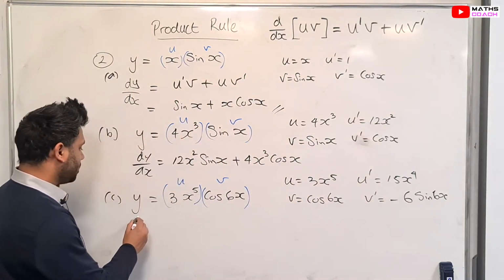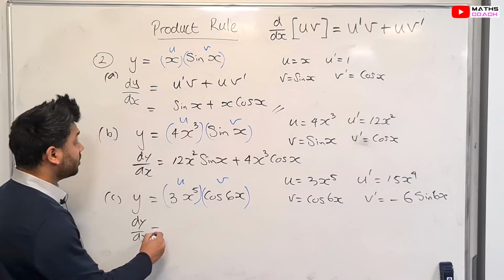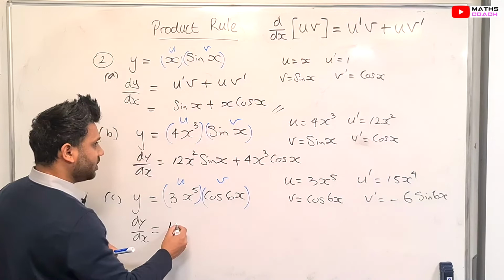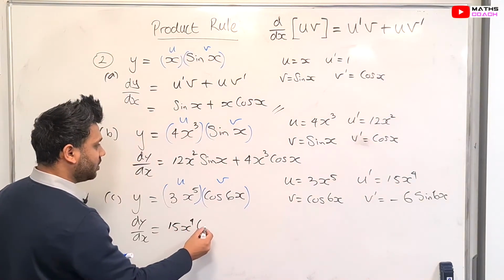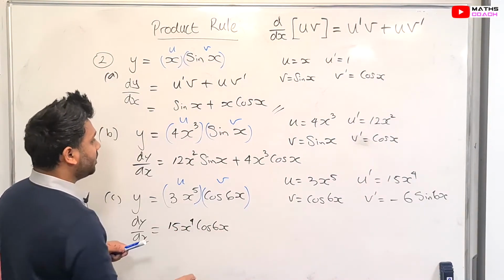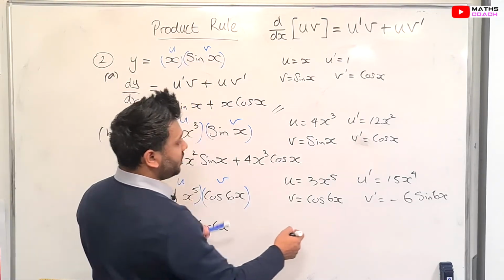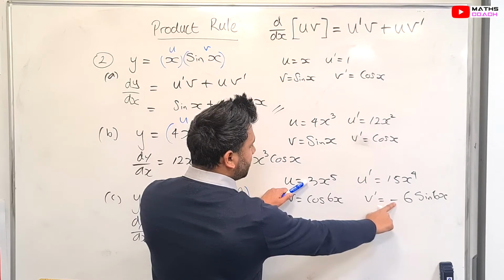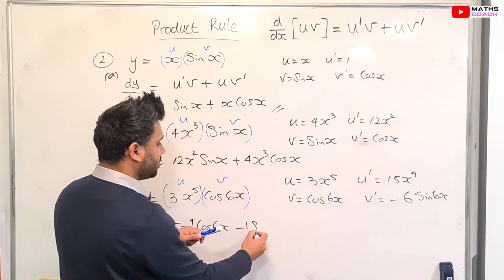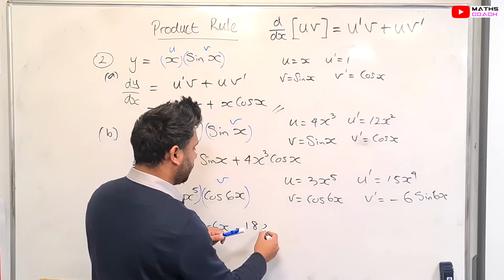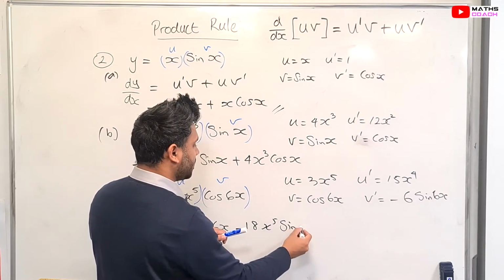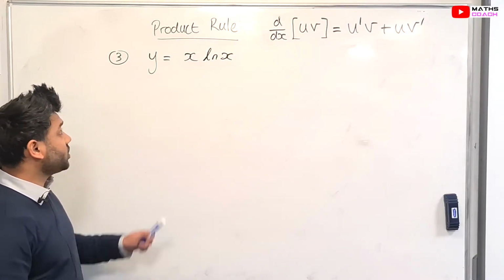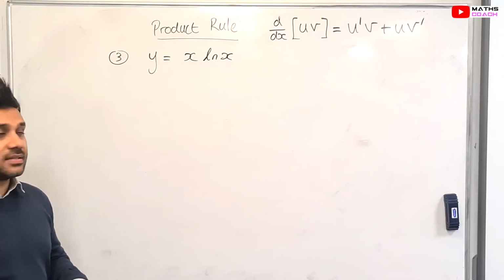And then use the formula dy/dx equals u dash v, so u dash times v, we have 15x to the power 4 cos 6x, and then plus uv dash, so u times v dash, and obviously you've got a negative number here, so 3 times minus 6 is minus 18, and you get x to the power of 5 sine 6x.